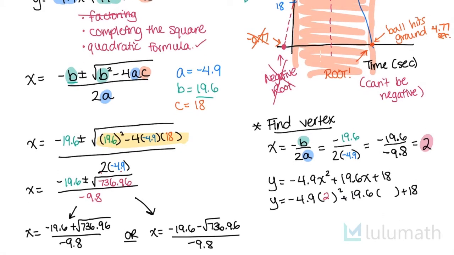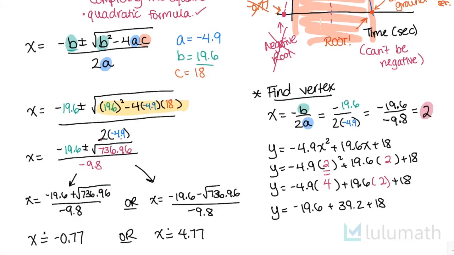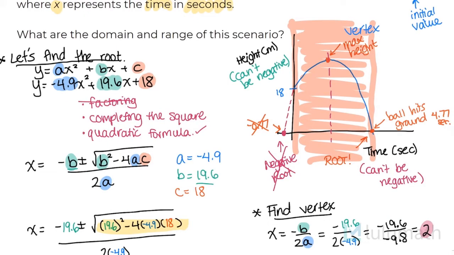So I will replace the x with 2. 2 squared is 4, so I get y equals negative 4.9 times 4 plus 19.6 times 2 plus 18. Negative 4.9 times 4 is negative 19.6, and 19.6 times 2 is 39.2, plus 18. When you add it all together, you get 37.6. So that tells us that our vertex is the point (2, 37.6).